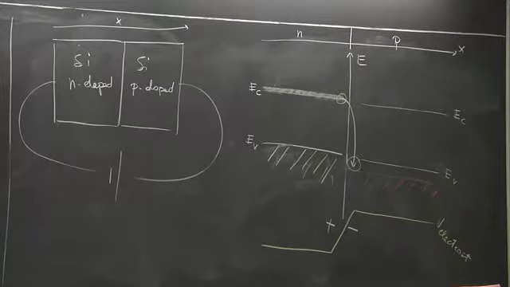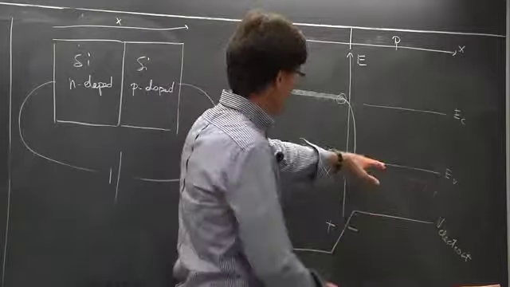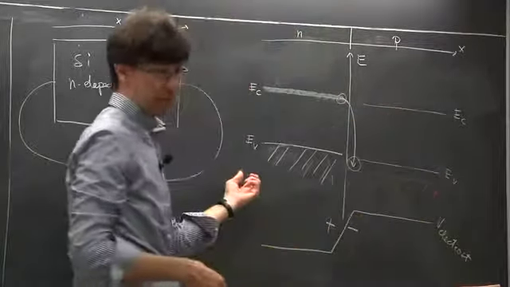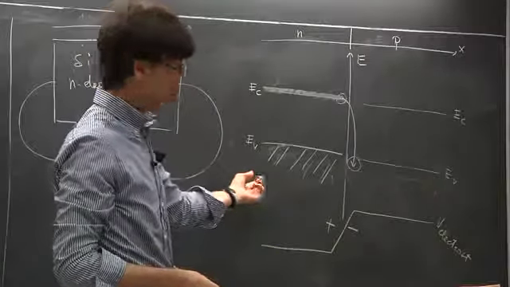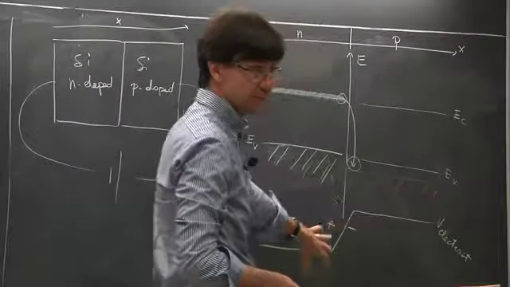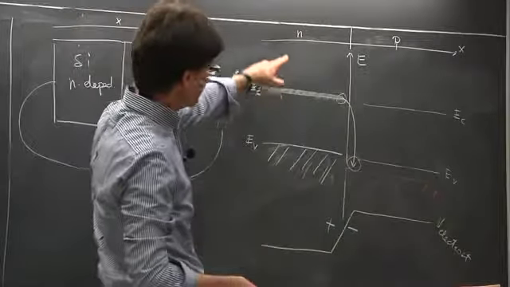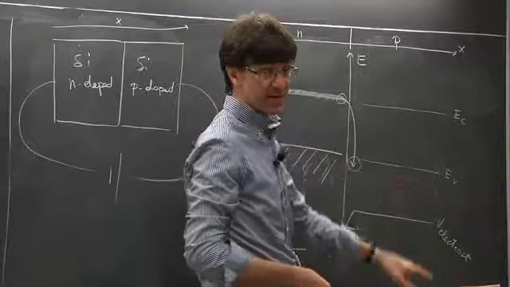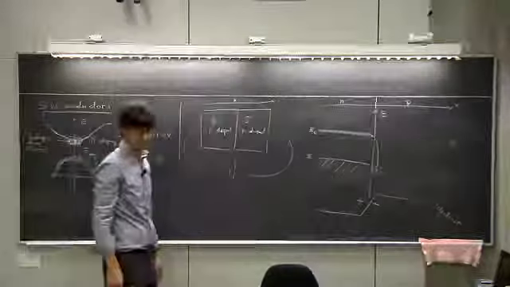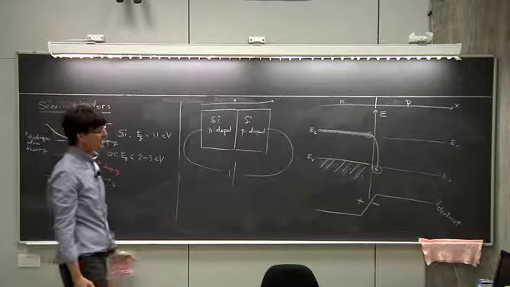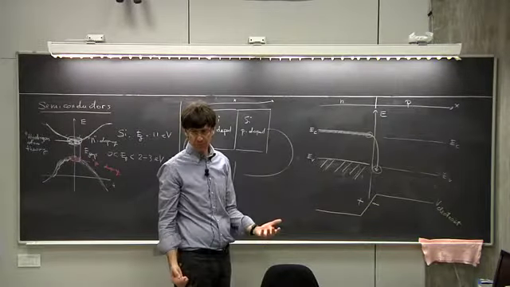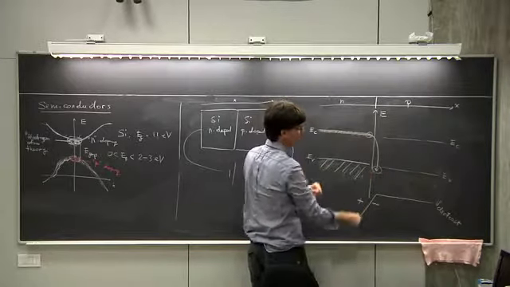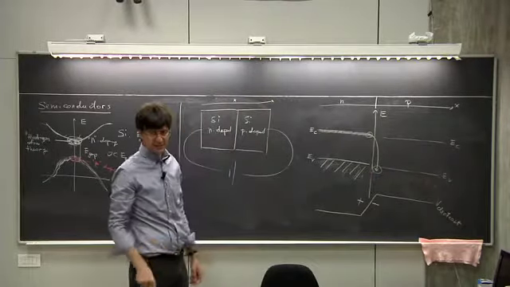If I have an electrostatic potential like this, the position of these bands will rigidly move up with respect to the position of the bands on the left side, because this is the potential that all the electrons feel. So this object will go down on the left side relative to the band structure on the right side. At some point, the process will have to stop, because these two levels will coincide.